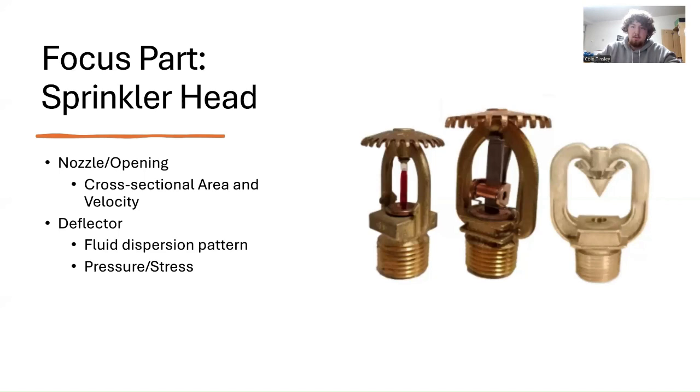In a deluge system, you have a greater volume of water, and because you have that cone there, rather than being dispersed in a wide circle, it comes off as that cone and it's more directional. The deflector, again, has to do with fluid dispersion pattern, which we're trying to analyze with ANSYS, and is what we're going for in this FEA project. Pressure stress on that deflector is one of the main things.